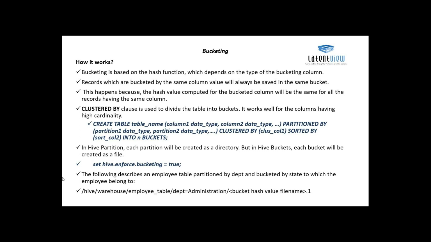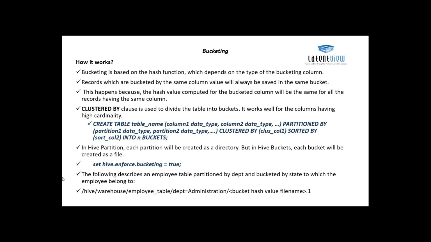So all the bucketed values will be stored as files. Bucketing cannot happen on its own. You have to set this property: set hive.enforce.bucketing = true. With this, you can enforce bucketing.